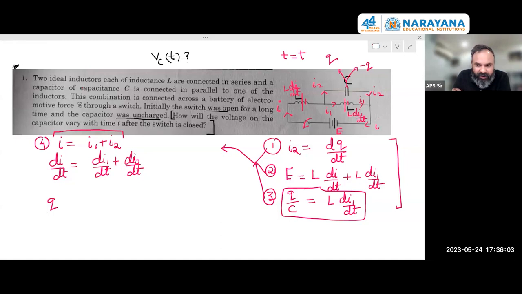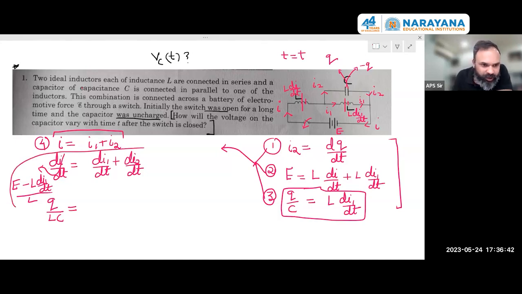I'm going to say Q by C was equal to L di1 by dt, so Q by LC is di1 by dt. Now I want to substitute this term di1 by dt. di2 by dt is something which is known to me. di1 by dt I can substitute if I focus on di by dt. And remember, this di by dt can be written as E minus L di1 by dt, whole divided by L. So just focus on this equation a bit more carefully.